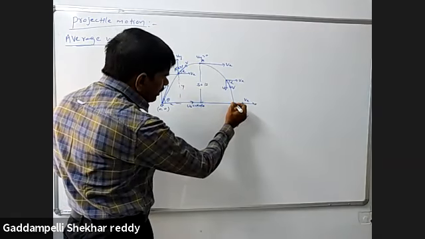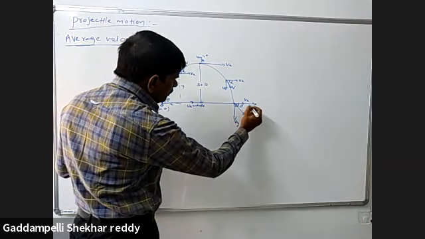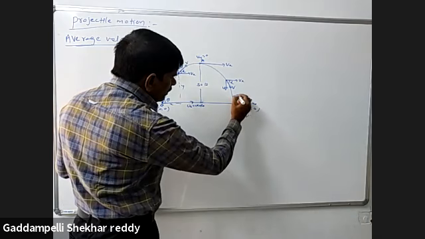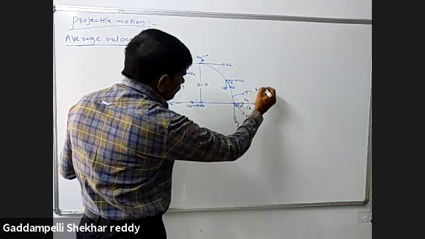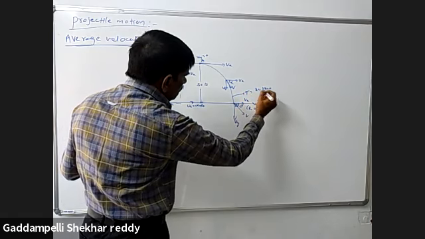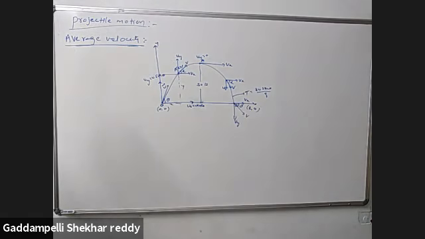To reach the final point, the x distance is the maximum displacement, known as the range, and here the coordinates are range comma 0, which means the time of flight is completed. The time of flight is 2u sin theta by g.